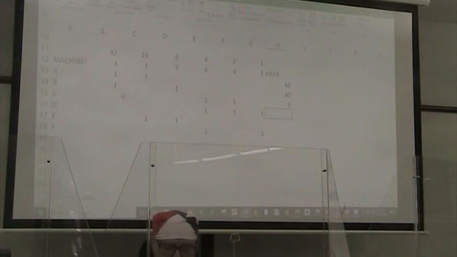This one equals 4 plus 2 plus 1. This one equals 16 plus 8. And this one equals 4 plus 1.